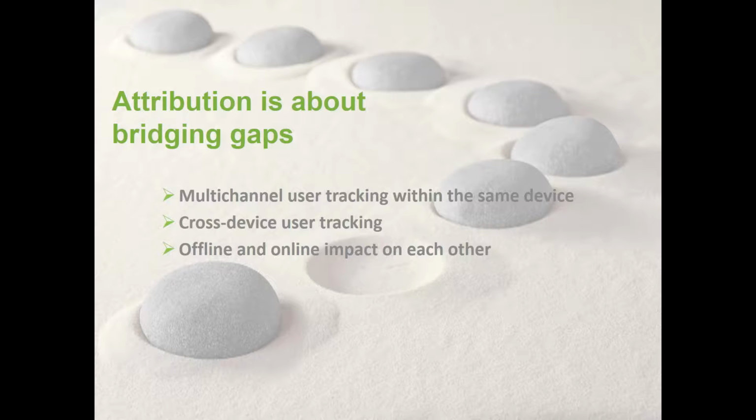If that person has seen your ads in multiple places, Facebook, Twitter, your website, etc., are you able to track that and report on it so it becomes part of that journey? That's multi-channel attribution within the same device, and it's probably a good place to start and an easier place to track.